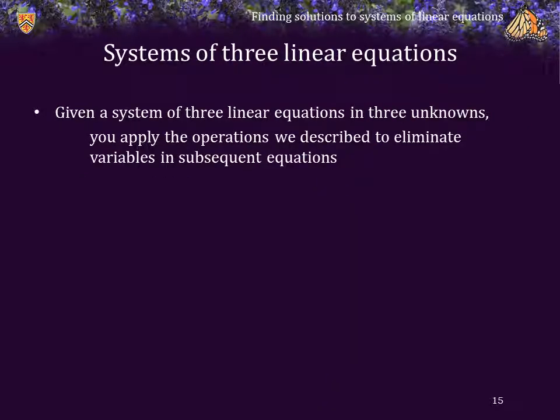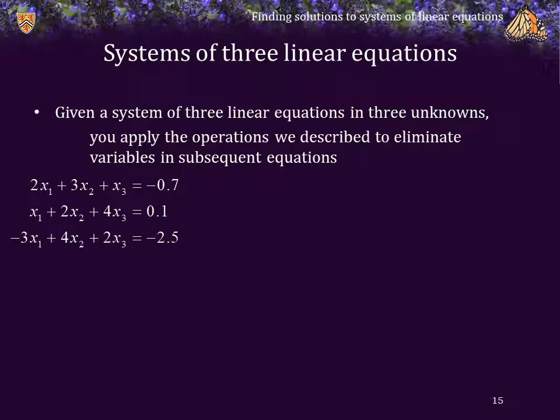So, given a system of 3 linear equations in 3 unknowns that we would like to solve, we are going to apply the operations on these equations as we have described in order to eliminate variables in the subsequent equations. Suppose we started with this system of 3 linear equations and 3 unknowns. The first operation I would perform is to add negative 0.5 times equation 1 onto equation 2.